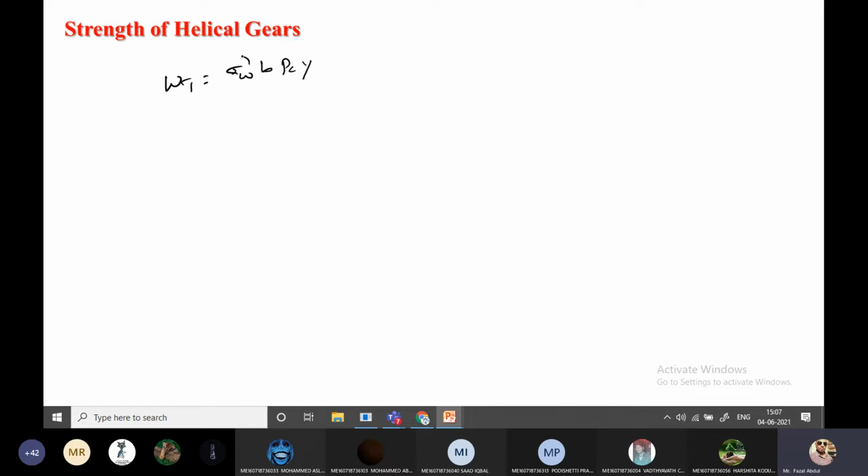Where sigma W is the permissible working stress, that is sigma naught into CV, where CV is the velocity factor. CV has 4 different values.